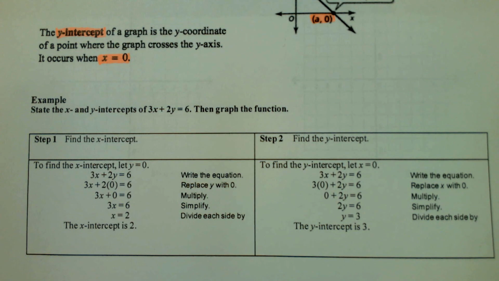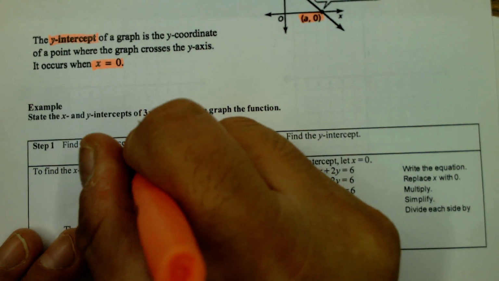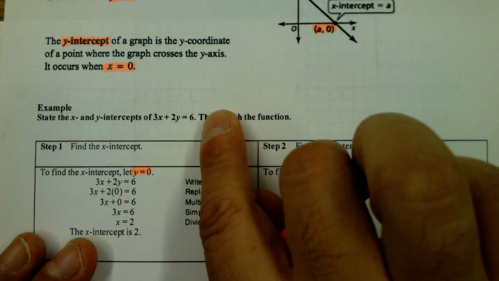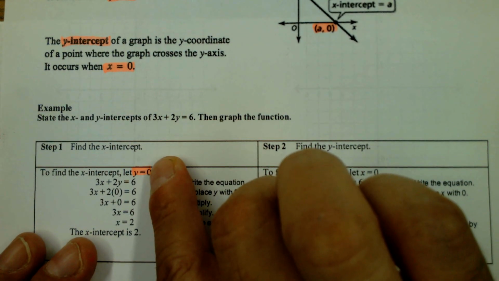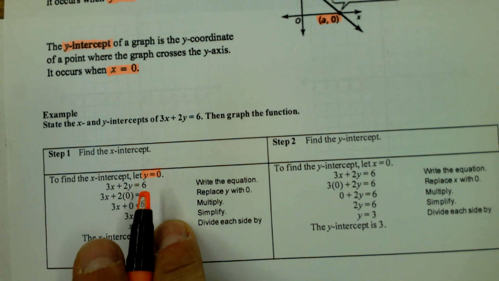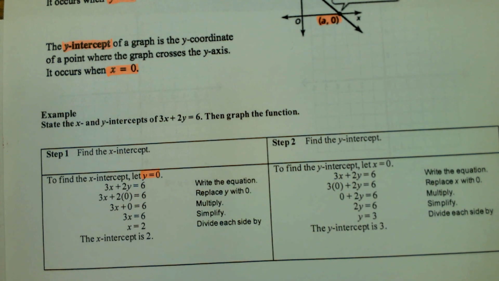So what we have to do is use the fact that y equals 0. So we have this equation, and we're going to replace the y value with 0. So look at what they did. The original equation, you replace y with 0, and of course 0 times anything is 0, right?